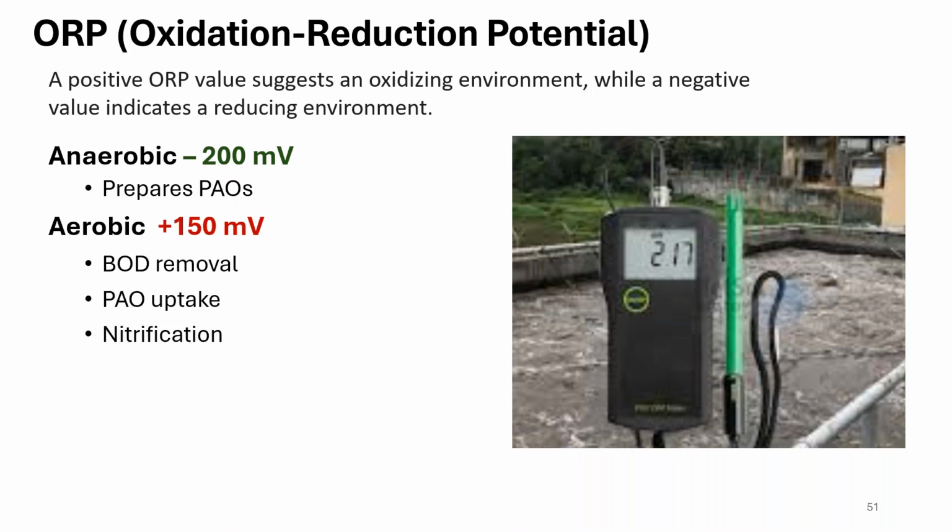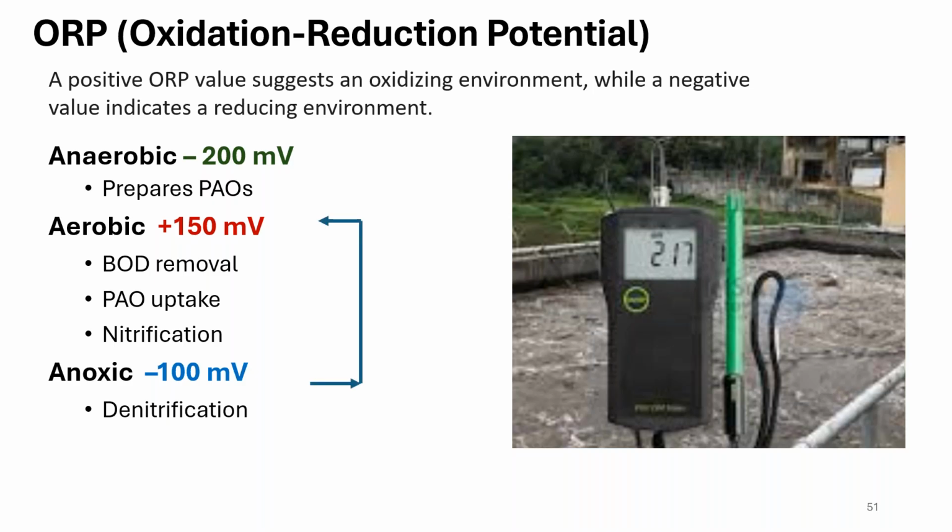The aerobic, on the other hand, is an oxygen-rich oxidizing environment, around a positive 150 millivolts. And the anoxic environment for denitrification is around negative 100 millivolts. And once we attain these environments, we want to hold them there for a while, at least 30 minutes, so that these functions that are listed here can take place.